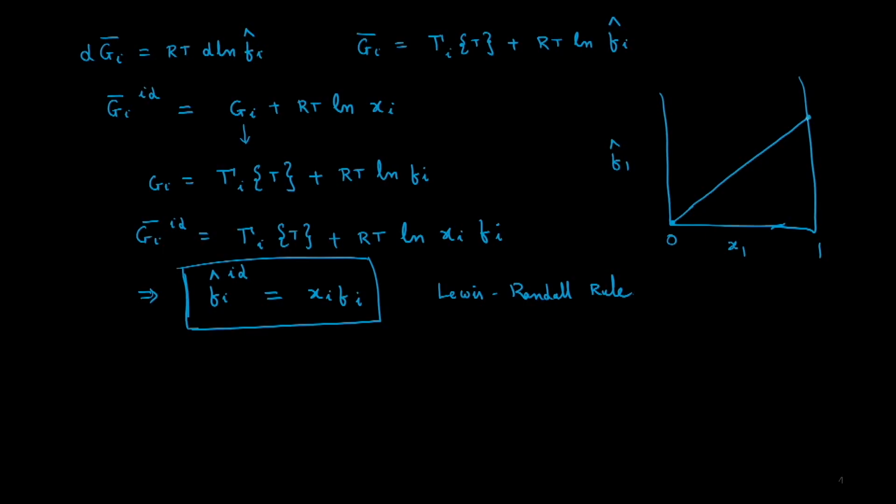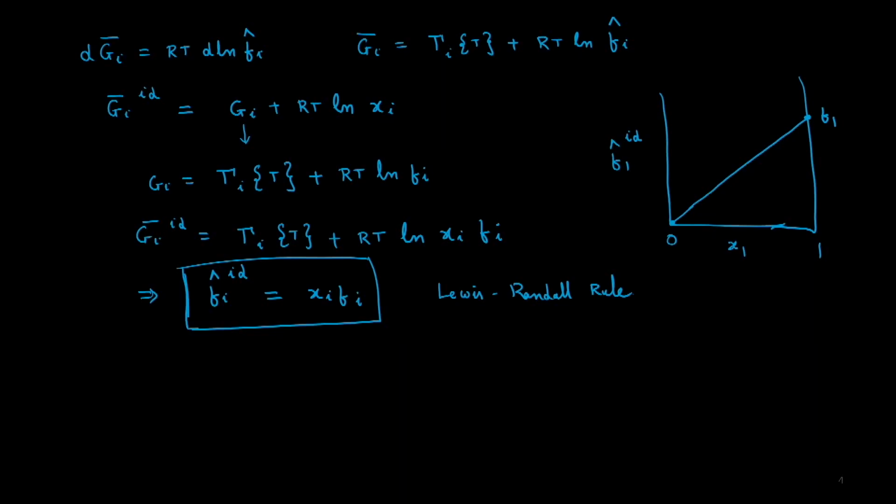At the other end, it will be the same as F1, that is for pure species 1. This is of course only true if the Lewis-Randall rule is valid or if it is an ideal solution. F1 hat ideal will look something like that. That is how it changes with the mole fraction of that particular species in the mixture.